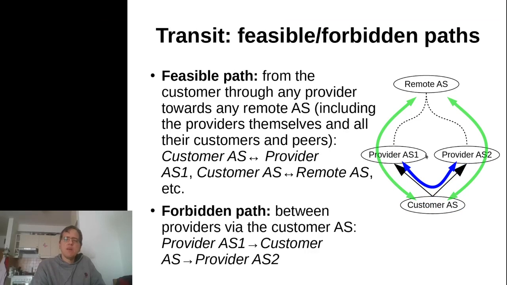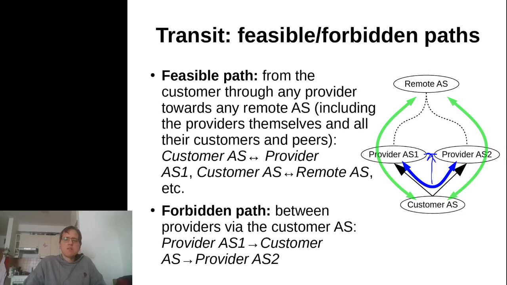Most of the time, even the providers are not interested in these types of forbidden paths, because usually the customer AS's network resources are not adequate to route the provider AS's usually much higher volume of traffic. Most of the time the ASes will instead establish a direct peer relationship between themselves, and instead of using the customer, they will use this direct peer link to exchange traffic.